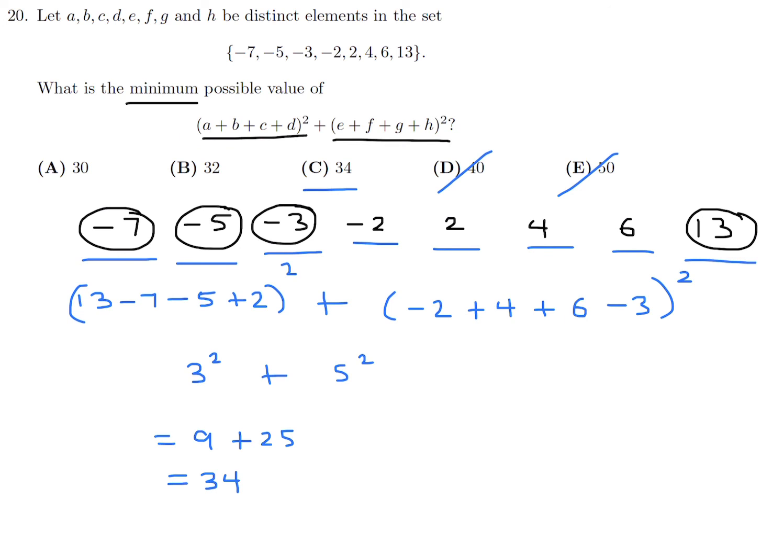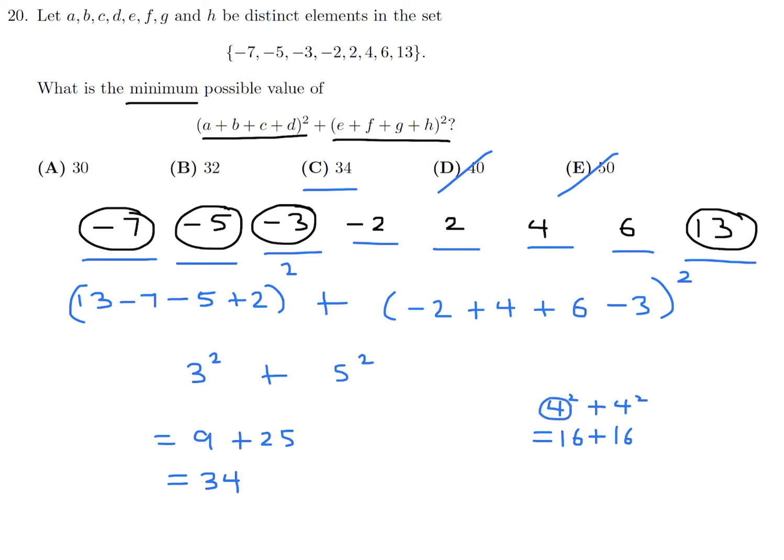So if it's the sum of 2 squares, for example, we just showed 3 squared plus 5 squared. The only way you can get something smaller than 34 is if you had 4 squared plus 4 squared. That would give you 16 plus 16, which is 32. 32 is the only other way that this could be smaller, but there's no way to get 4.